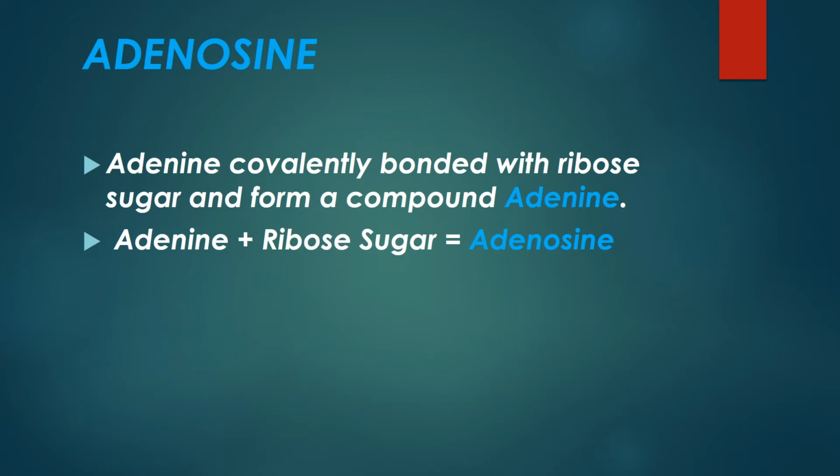And number 1, adenosine. What is actually adenosine? Adenosine is the combination of adenine and ribose sugar. When adenine is covalently bonded with ribose sugar and forms a compound, that is called adenosine.